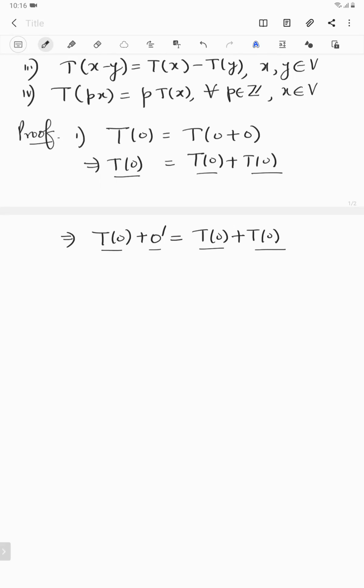So by applying the left cancellation law, we can cancel T of 0 from both sides. We get 0 dash is equal to T of 0, that is, T of 0 is equal to 0 dash, which is property number one. That means a linear transformation always maps 0 to 0.